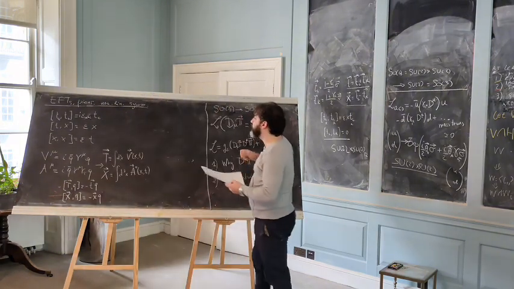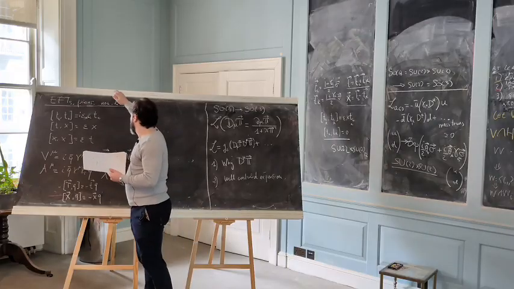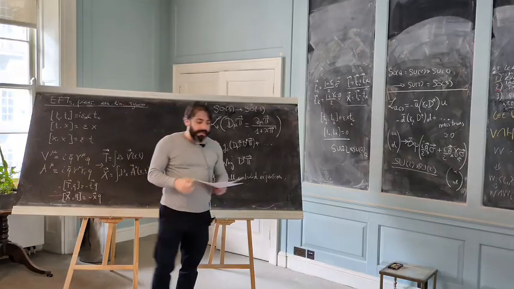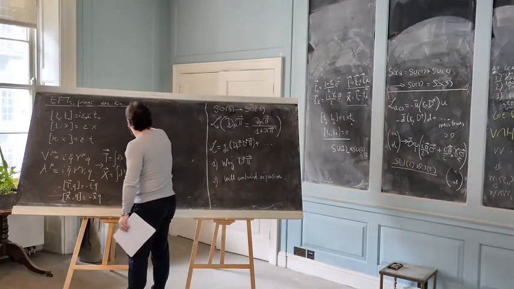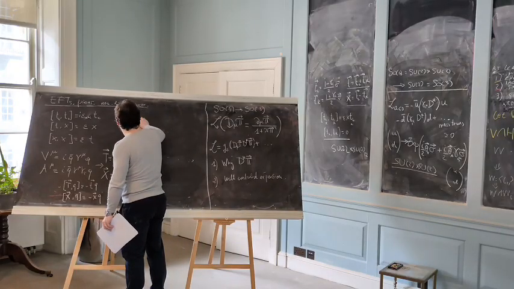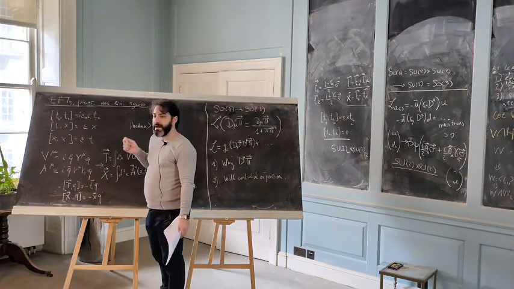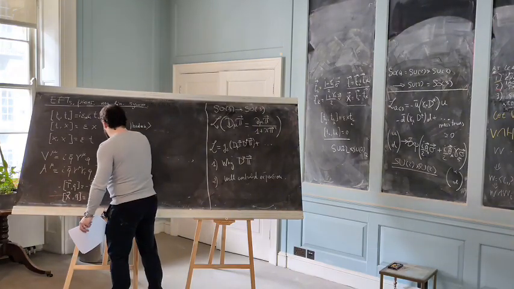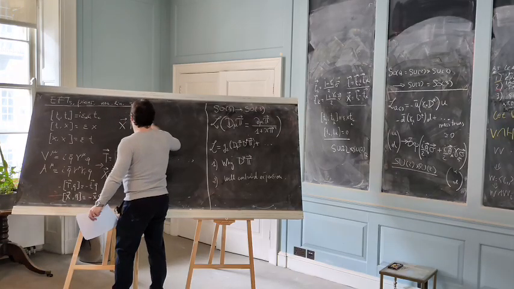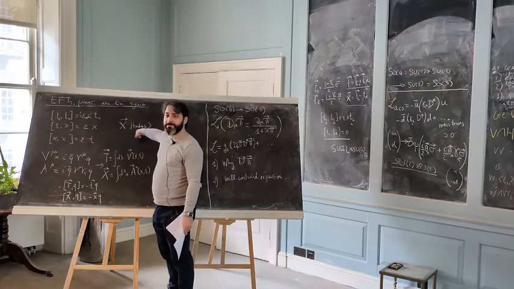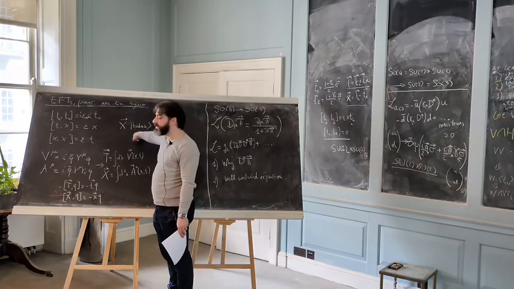Now, if this symmetry were exact, then it would mean that for any hadron state, let's imagine that we take a hadron state with positive parity, then when we act with this charge X, we would get a rotated hadron state, but since it's a symmetry, it will have the same mass.